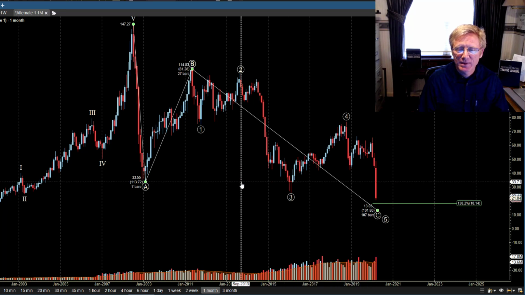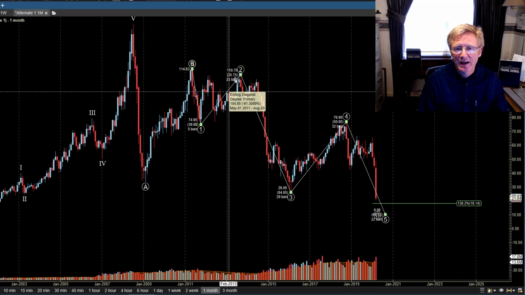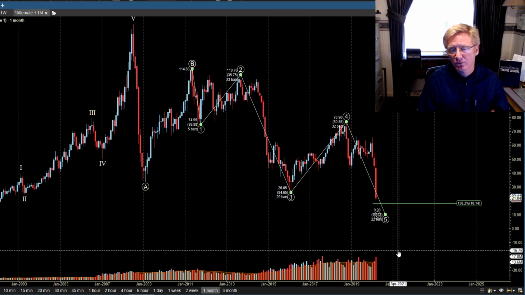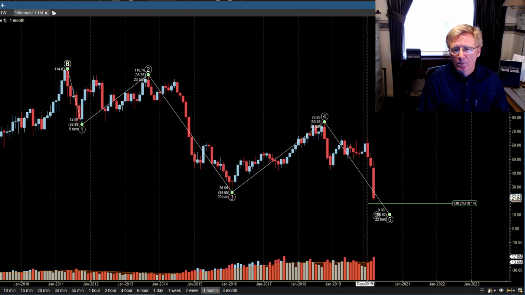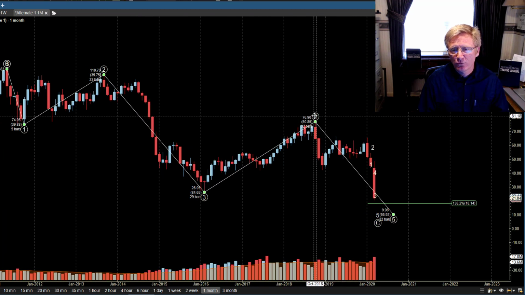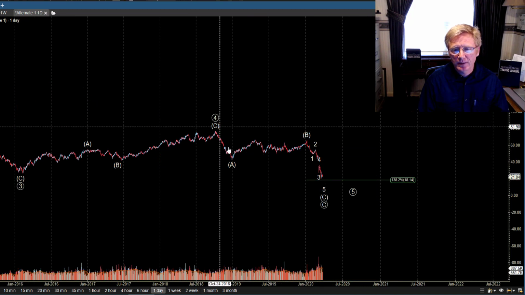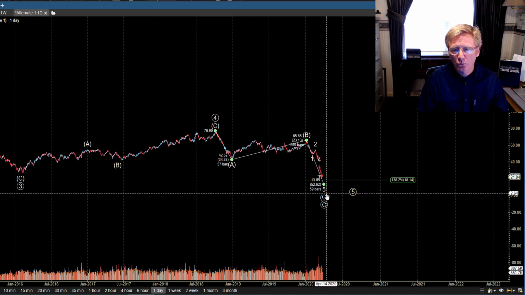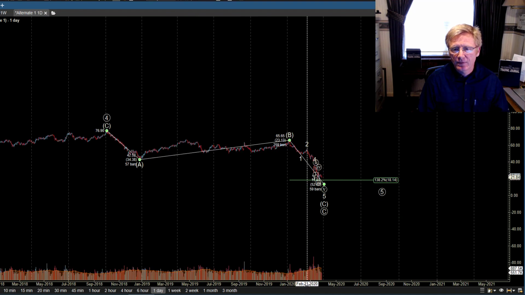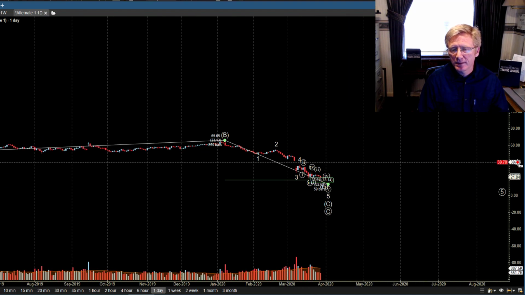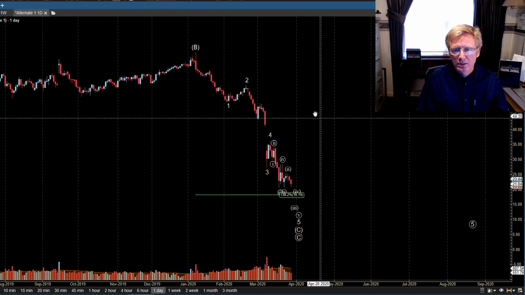The C wave is made of a 5 wave ending diagonal. So if this is wave 4 and we're going into wave 5, here's wave 4, that would be an ABC for wave 5, and the C wave is going to be made up of 5 waves.